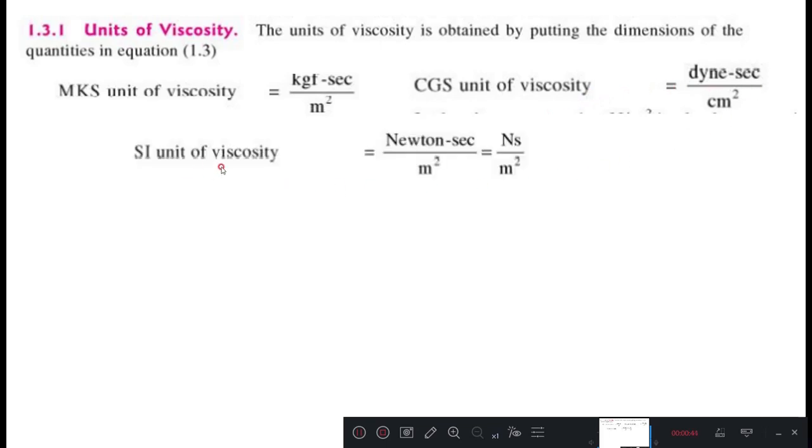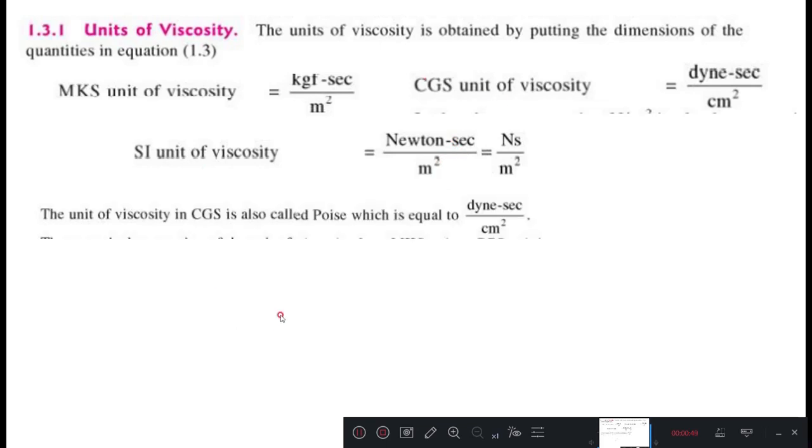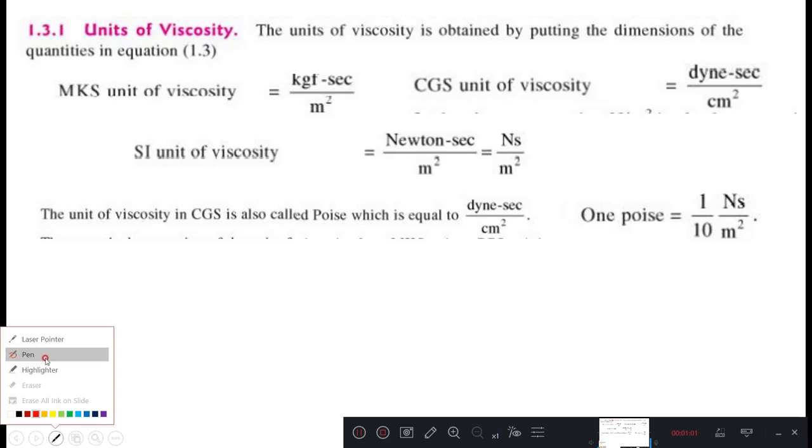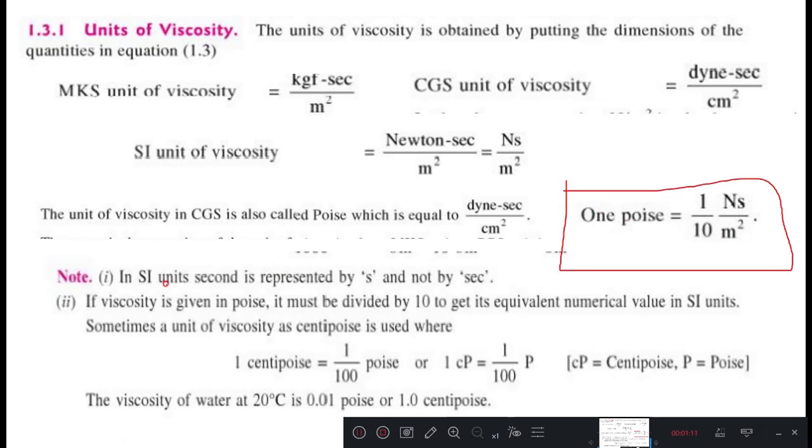In the SI system, viscosity is Newton second per meter square, and the unit of viscosity in the CGS system is also called a poise, which is equal to 1 Dyne second per centimeter square, and 1 poise equals 1 by 10 Newton second per meter square. And in SI units, second is represented by S and not by SEC.